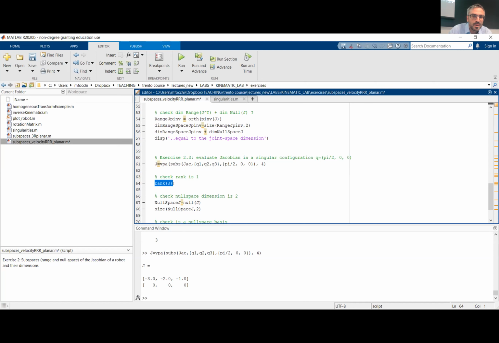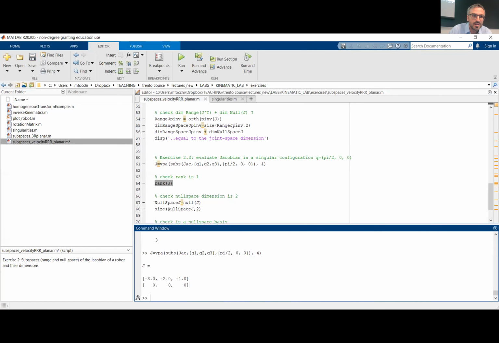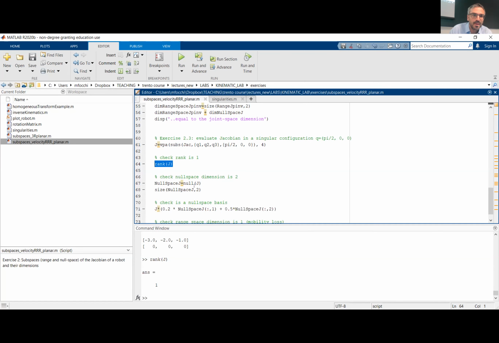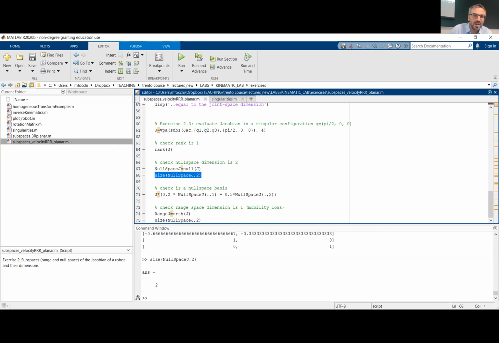And we get a Jacobian that has a row of zeros, so the rank now is reduced, it's only 1, and the null space becomes 2, because we have 3 minus 1, 2, size is 2. This is a null space basis, and then we can verify, for example, that this is a null space by pre-multiplying by J.